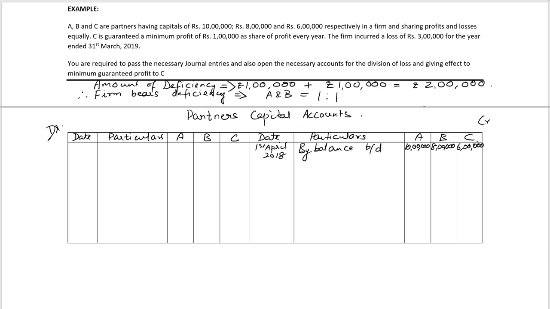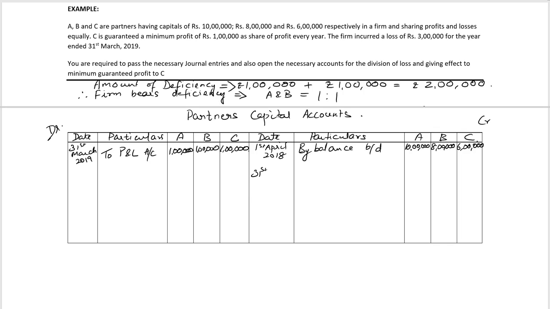Next is to debit the partners' capital accounts with their share of loss. 31st March 2019 to profit and loss account. A share of loss 1 lakh, B share of loss rupees 1 lakh and C share of loss is also rupees 1 lakh. Next, we need to post the entry for A and B bearing the deficiency of 1 lakh each.